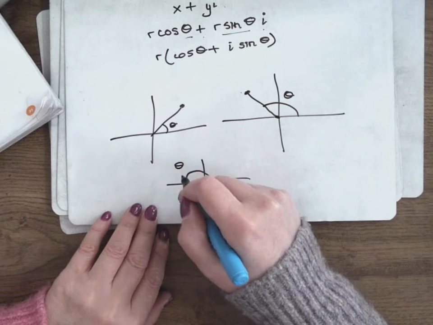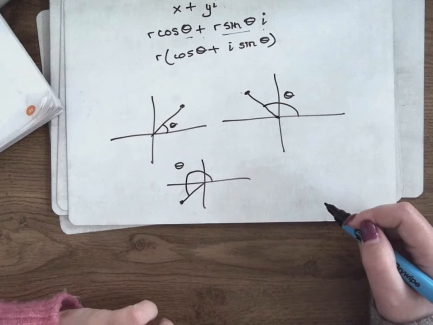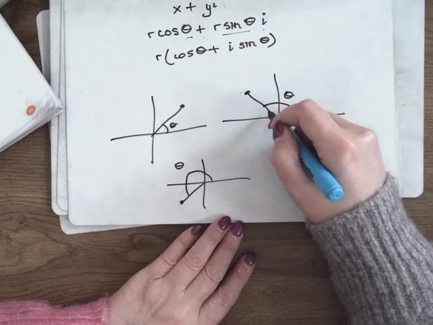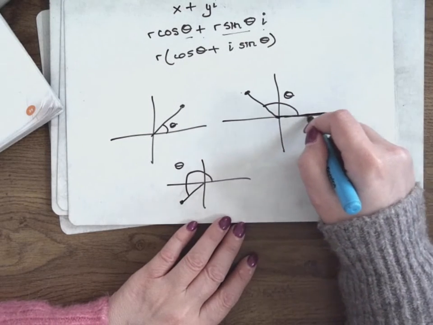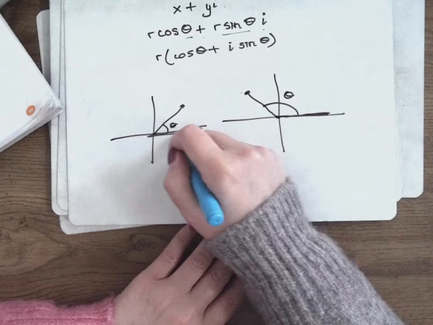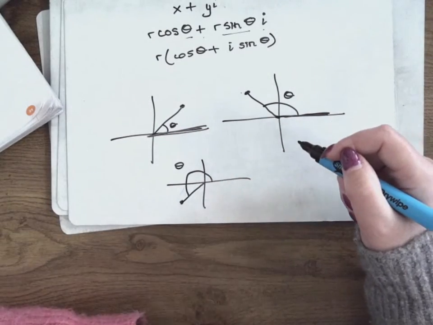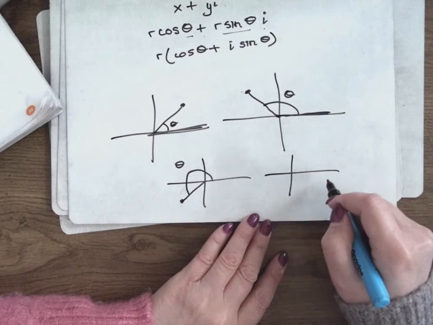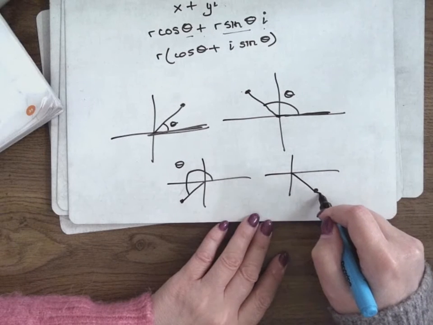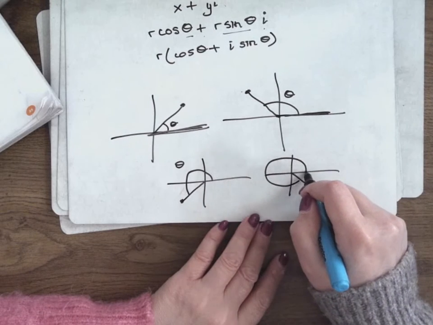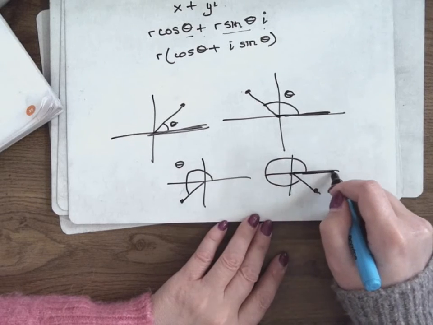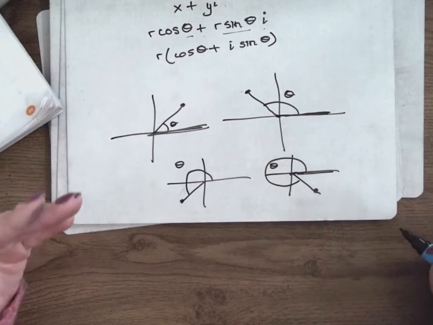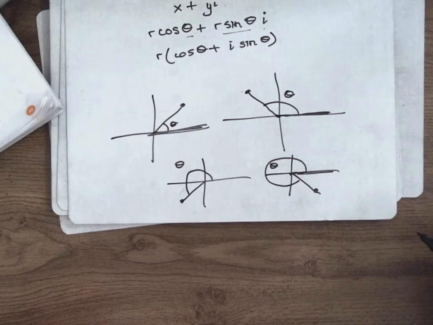So it's always back to the positive x-axis, this bit here. If the complex number ended up down here, the argument would again be all the way back to the positive x-axis. Does everyone see that? Have we got that?